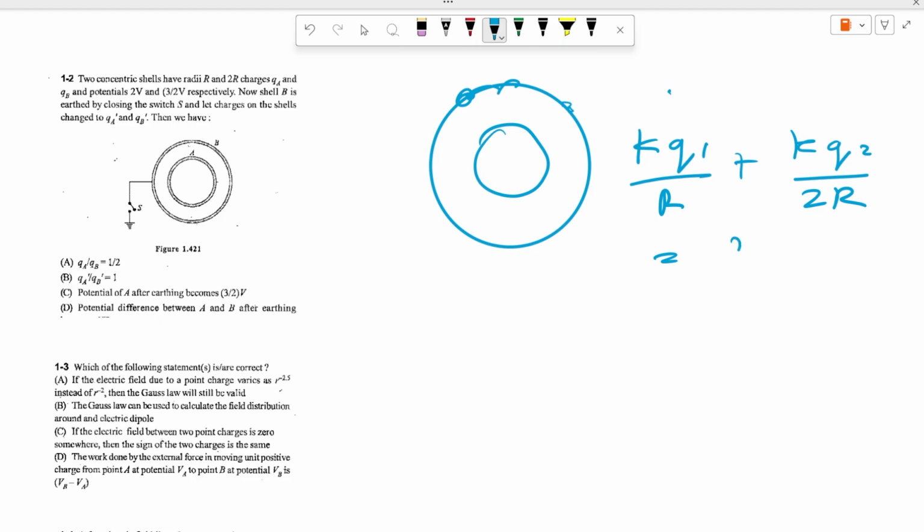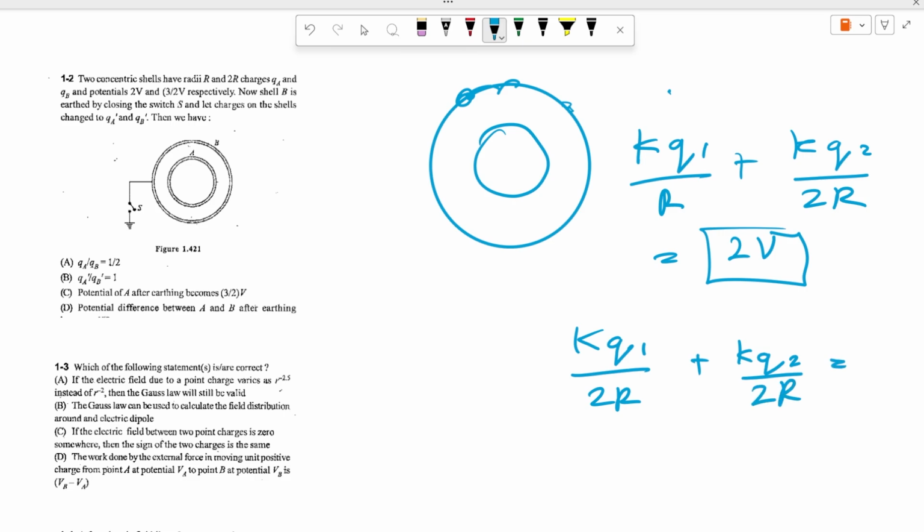When you add them, you are getting 2 volts. All right. Then in the second case, what's happening is kQ1 by 2R plus kQ2 by 2R is given by the expression 3V by 2.